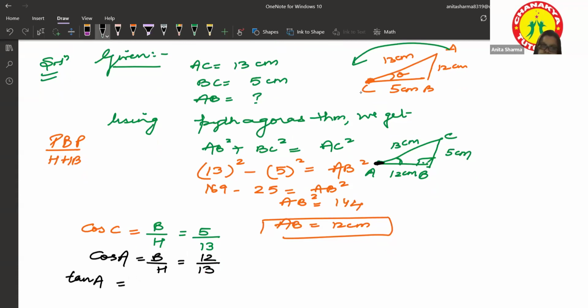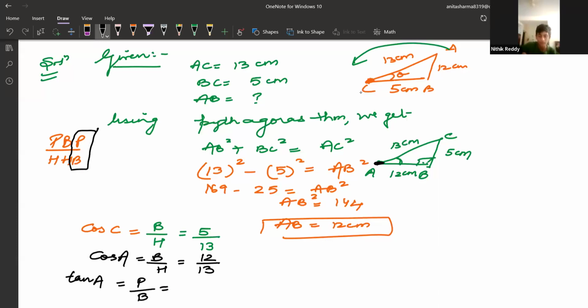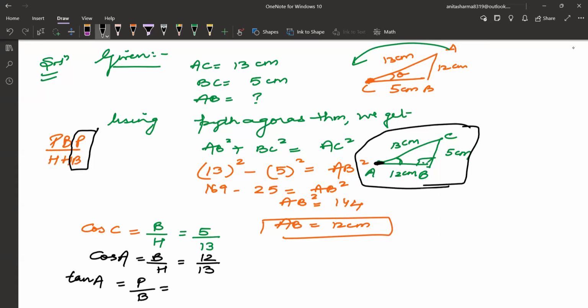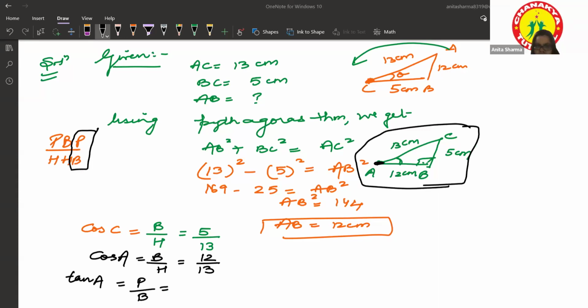Last ratio, na? Perpendicular upon base represents tan. Yes, ma'am. Now tell me the value of perpendicular. See, this is your triangle. So what is the value of perpendicular here, beta? Yes, Anurag. Ma'am, it's 5 by 12. Yes, it's 5 by 12. Very good.